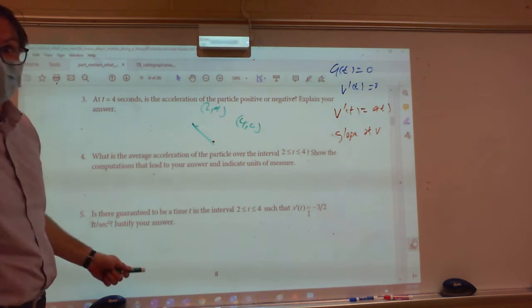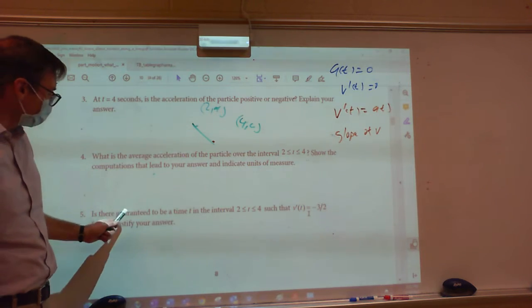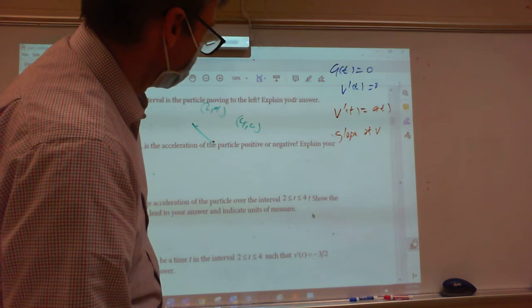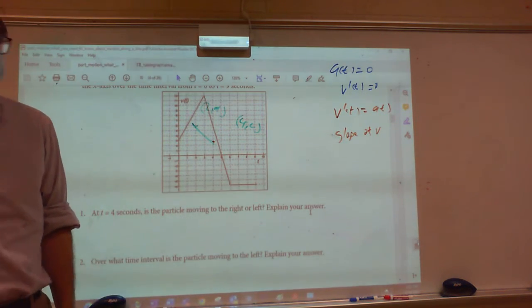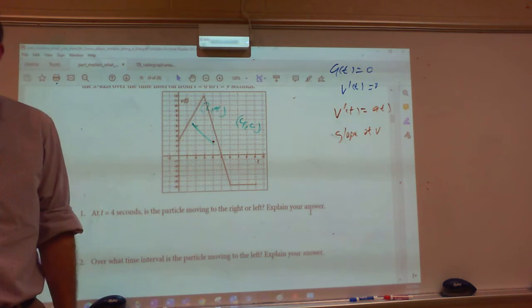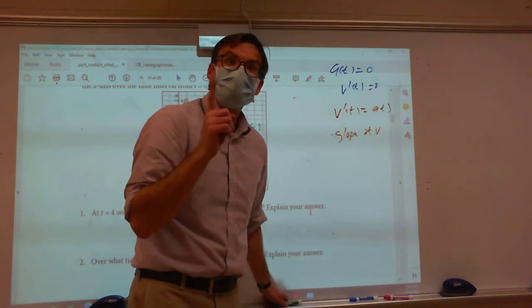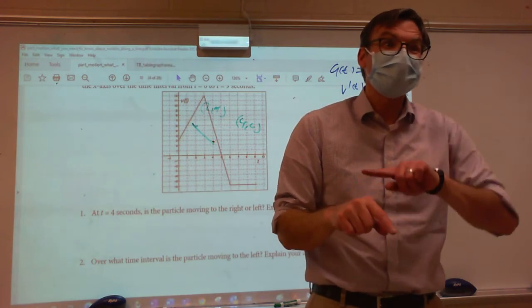Is it guaranteed that your v prime is going to be exactly equal to negative 3 over 2 somewhere? Yes, by the mean value theorem. For the mean value theorem to work, the function has to be nice, which means continuous and differentiable, connected and smooth.